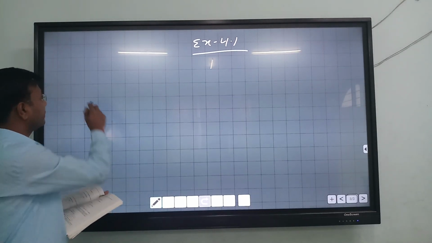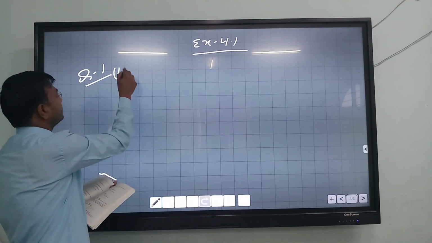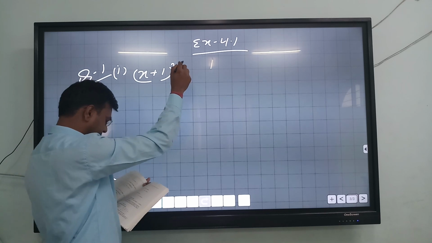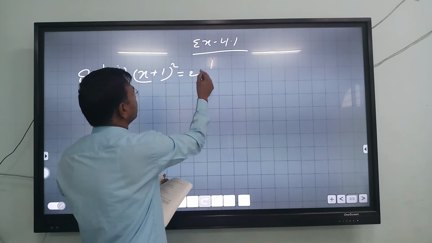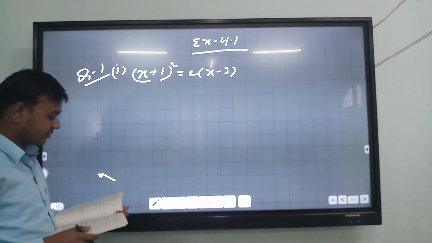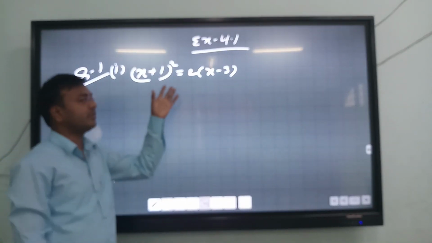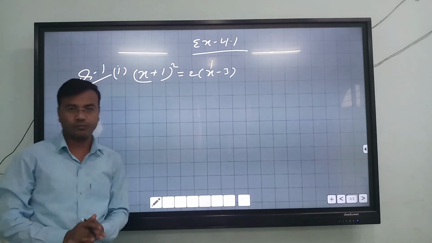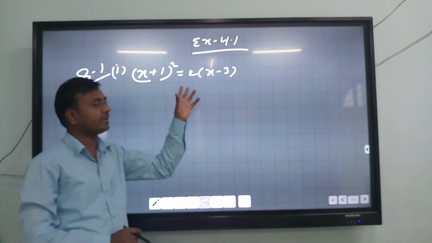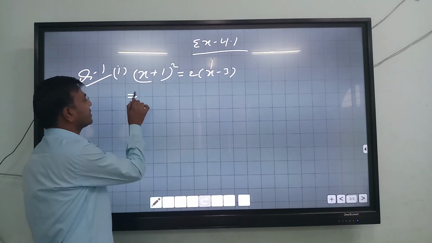Question number 1, first part: x plus 1 whole square equals 2 into x minus 3. Just by looking at the equation, we cannot find whether it is a quadratic equation or not. So we first have to get the standard form. It means we have to simplify this equation first.